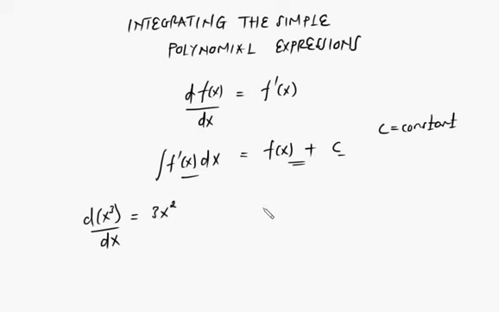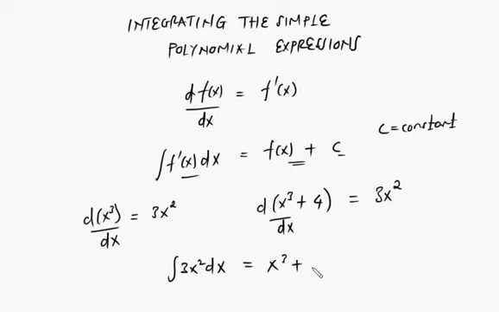Similarly, if you differentiate x cube plus 4 with respect to x, you get that same 3x squared. So now, when I integrate 3x squared with respect to x, I get x cube plus c.